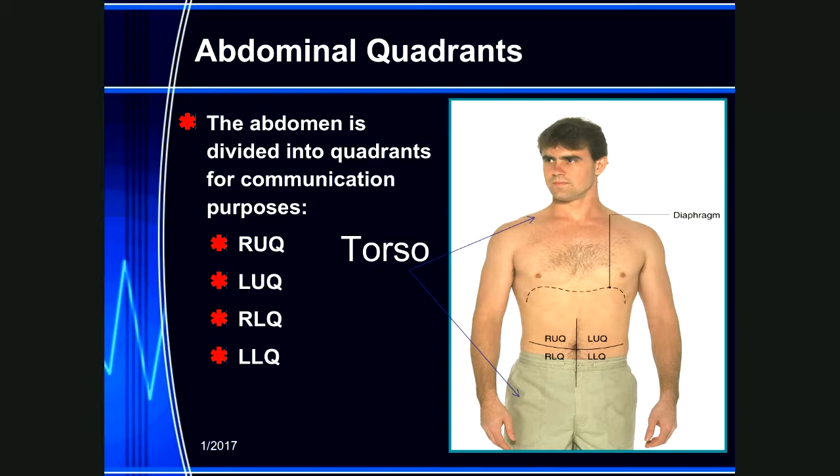Now those are 4 abbreviations that you would use when you're documenting finding something in the right upper quadrant, left upper quadrant. So when you're documenting, you can use shorthand, and that is known across the medical field, right upper quadrant, left upper quadrant, by using the abbreviation RUQ, LUQ.